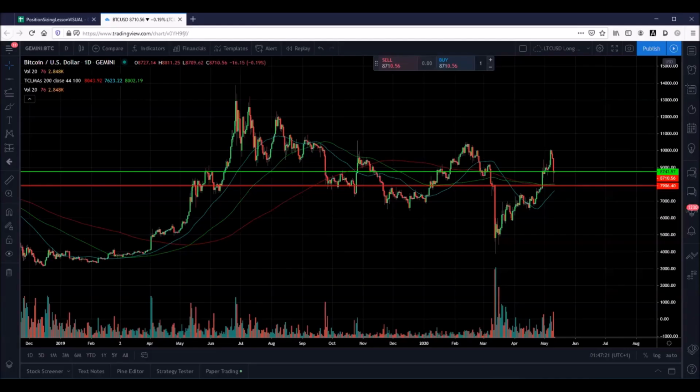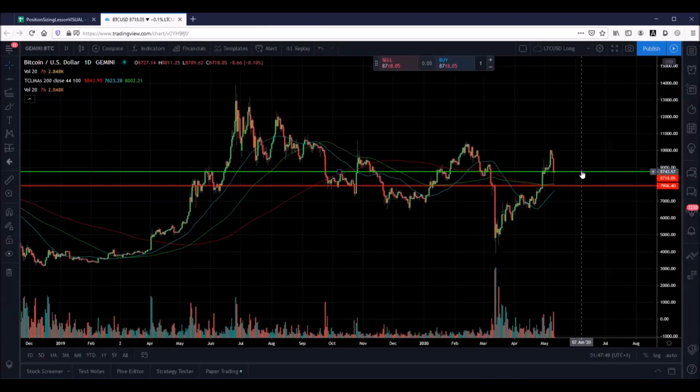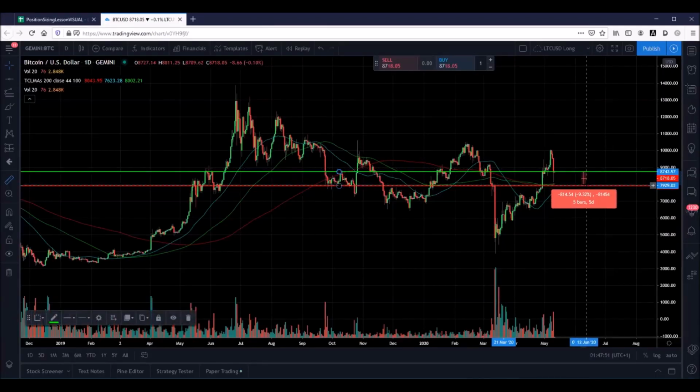So with that stop from my TA, with a capital starting amount of $1,500 and with an entry of 87.20, I can put $321 down to buy 0.0368 Bitcoin. With this stop loss in place, I will only risk $30. In this example, I have given myself 9.3% drawdown on the chart, and we can check it.